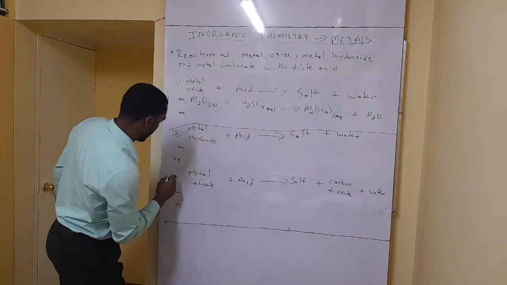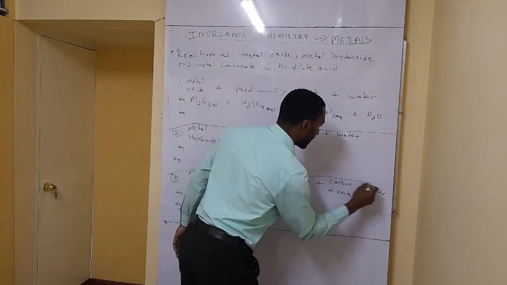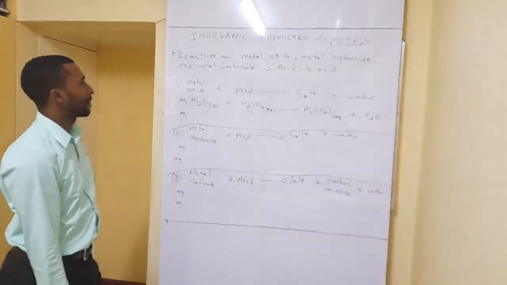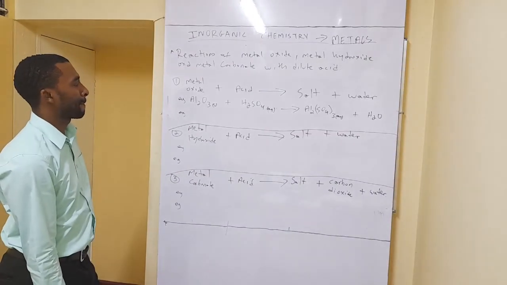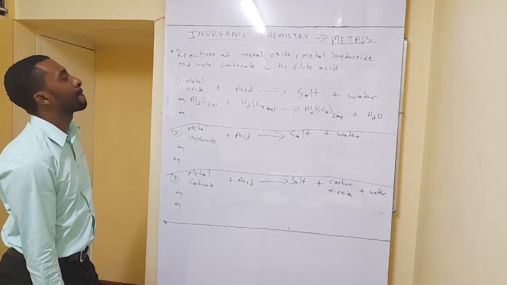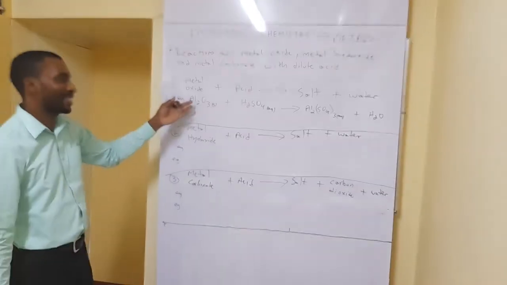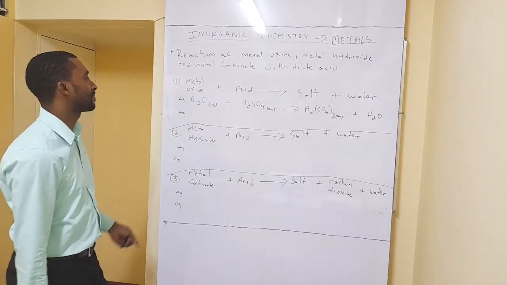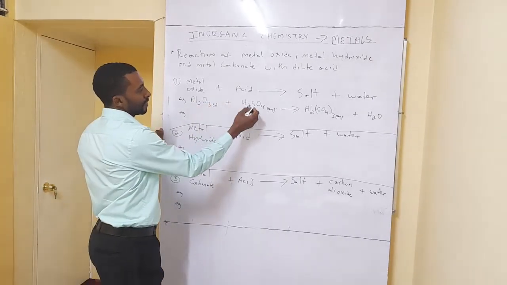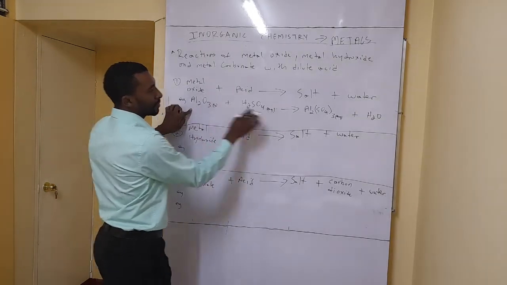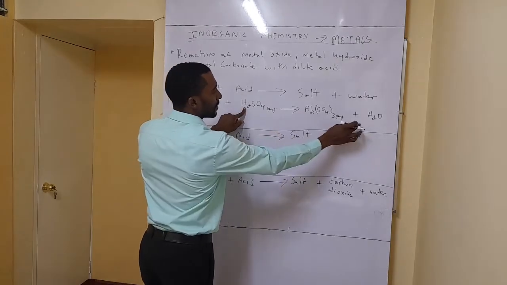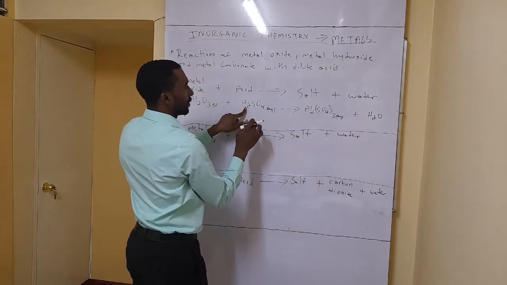Is it balanced already? If it's balanced, you can say it's balanced, or if it's not, it's not balanced. Two aluminum, 2 aluminum. Please, if you're asked to make up an equation in the exam, please don't choose this one, it's hard. 2 hydrogen, 1 oxygen.